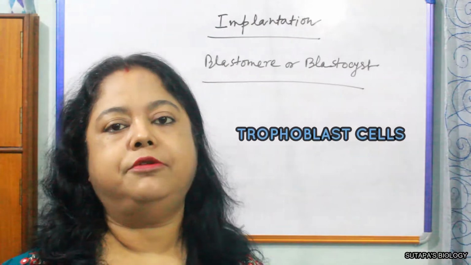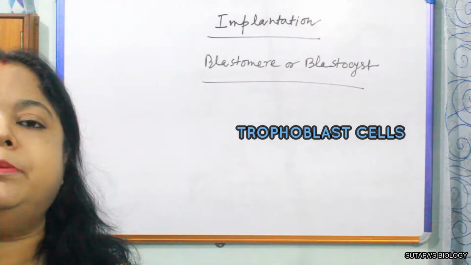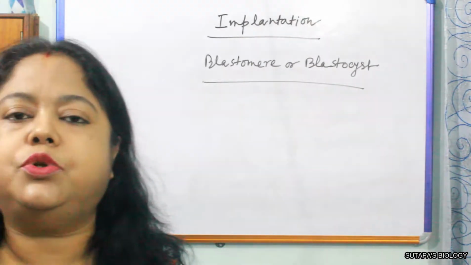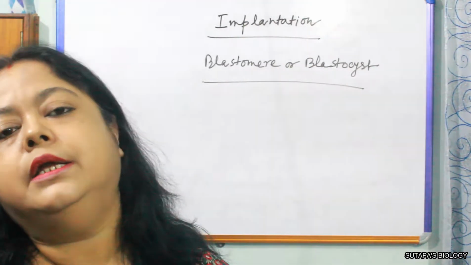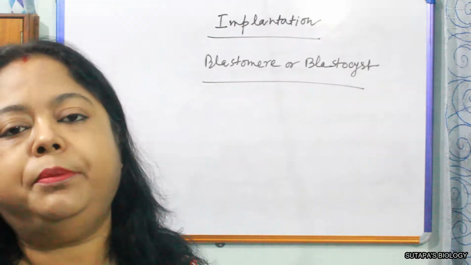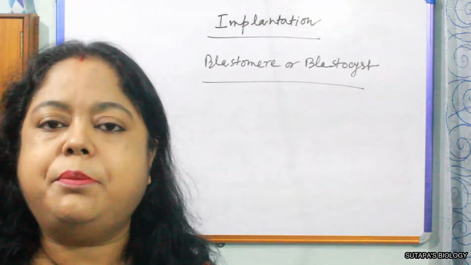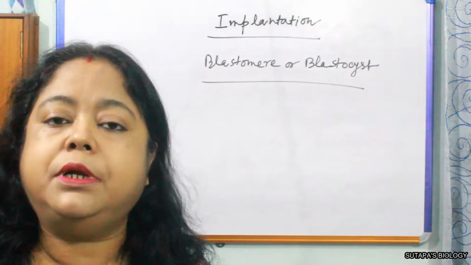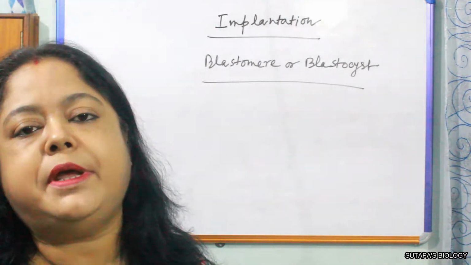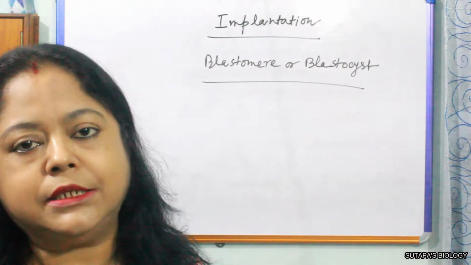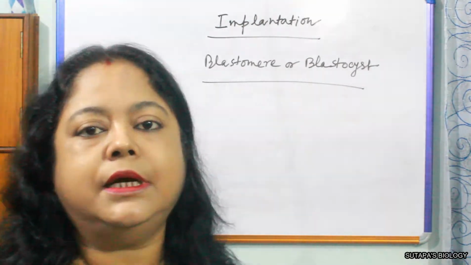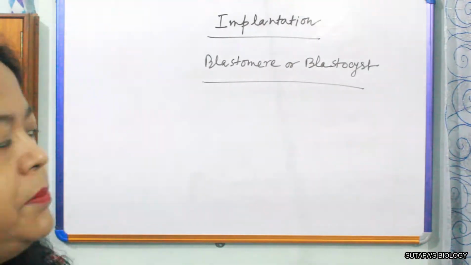Trophoblast cells are the phagocytotic cells which remain present just below the zona pellucida. Now if the zona pellucida is broken, then naturally the trophoblast cells will be exposed. But zona pellucida takes the complete responsibility for the proper implantation, and that's why it remains intact until it reaches the proper place, that's the uterus or endometrium of the uterus.